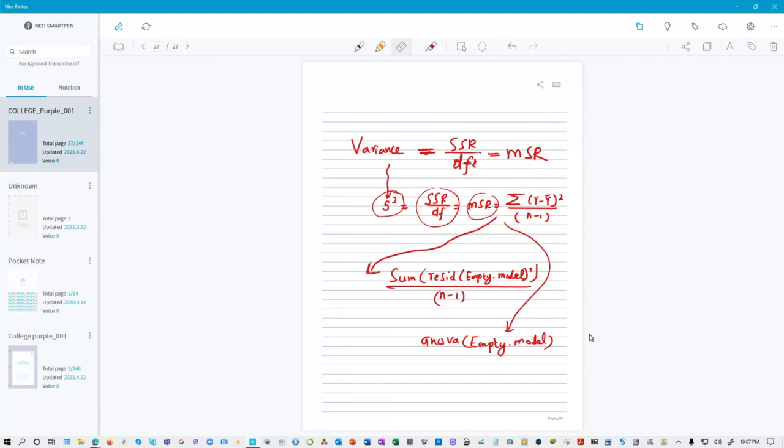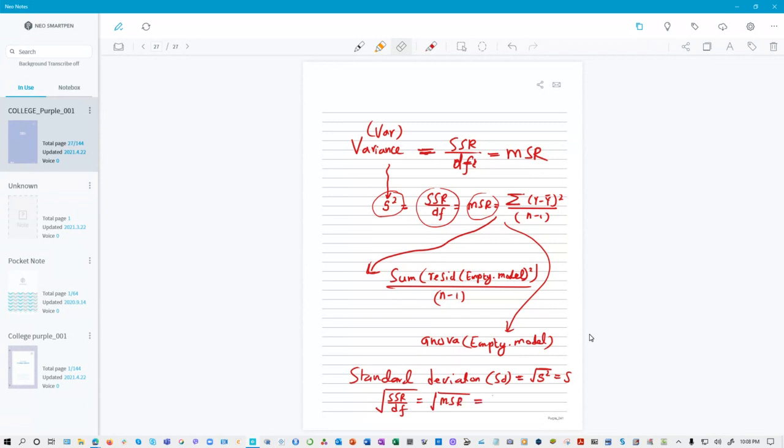Now its counterpart is called the standard deviation. I'm going to denote this by SD. Sometimes for the variance I use var down the road. SD is nothing but the square root of this, that is S. That means you are looking for the square root of SSR divided by degrees of freedom, the square root of mean squared residual.